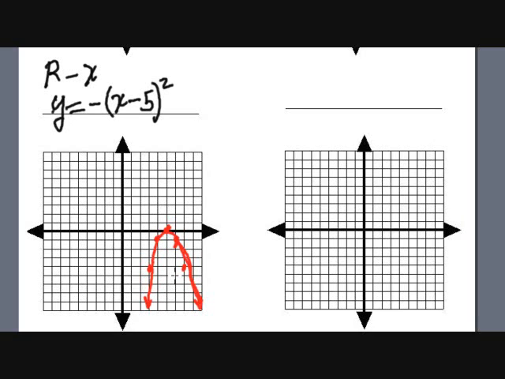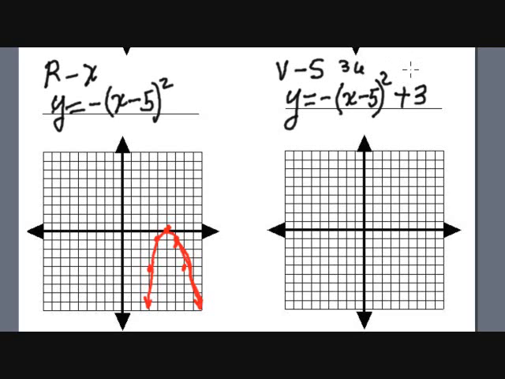Finally, the last transformation is y equal negative x minus 5 squared plus 3. In this case we have a vertical shift of 3 units up, because it's positive.